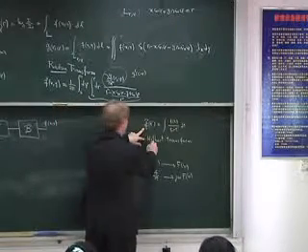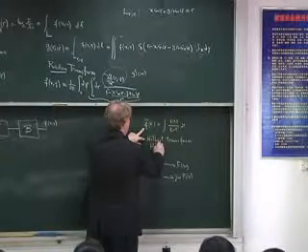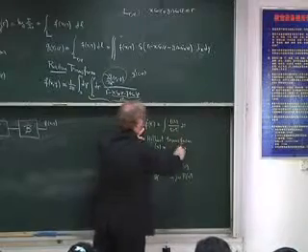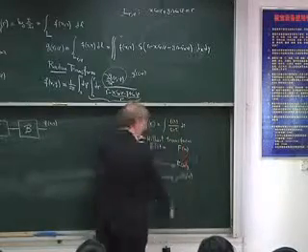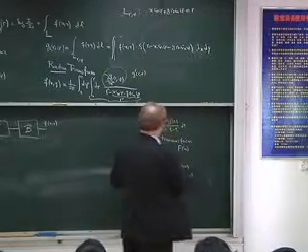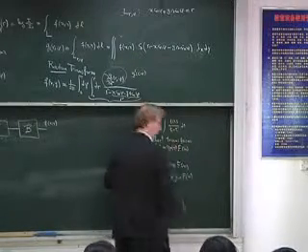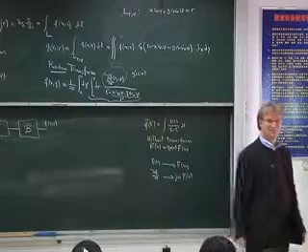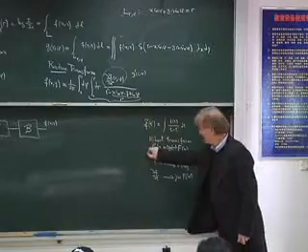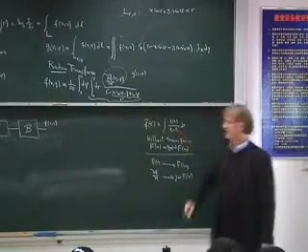The Fourier transform of f tilde would be equal to f of omega multiplied by sign of omega. So these two properties we are going to use here.